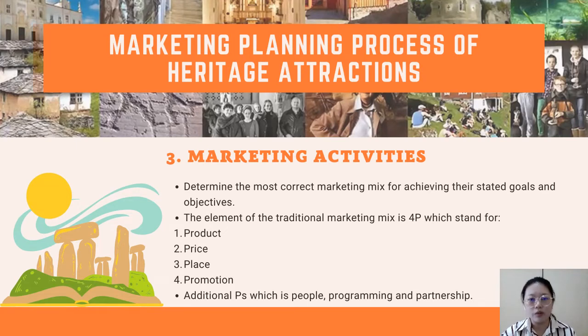It is important in allowing the heritage attraction to compete for selected target markets. The elements of the traditional marketing mix are the 4Ps, which stand for product, price, place, and promotion. But there are also additional elements on the heritage side, which are people, programming, and partnership.